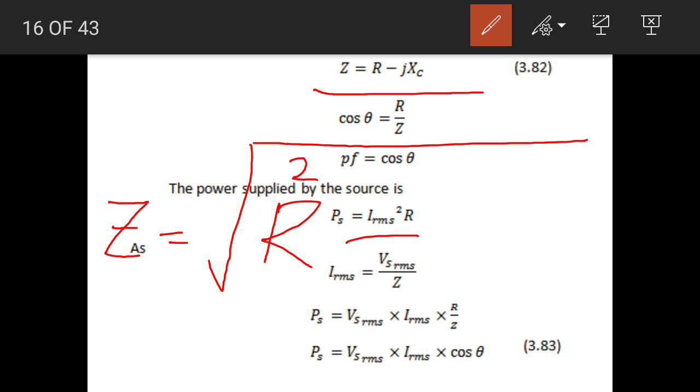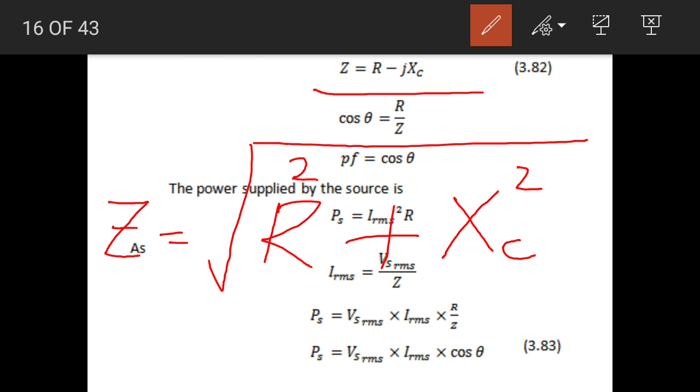So this equation gives you the magnitude of the impedance of this series combination.